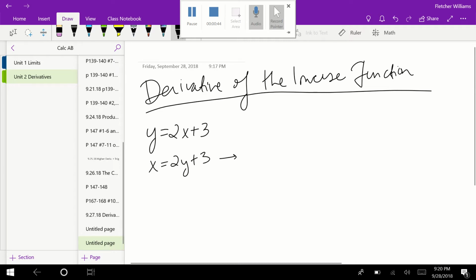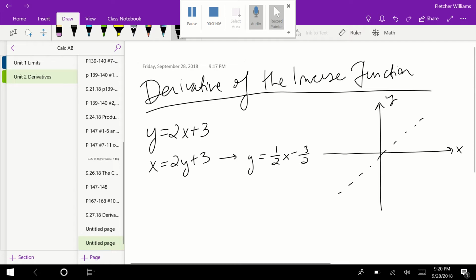In this case, you would get 1/2 x minus 3/2. And if you graphed these, you would notice something pretty interesting, and that is that they are symmetric about the line y equals x.